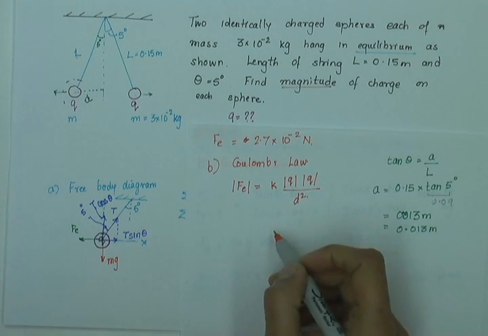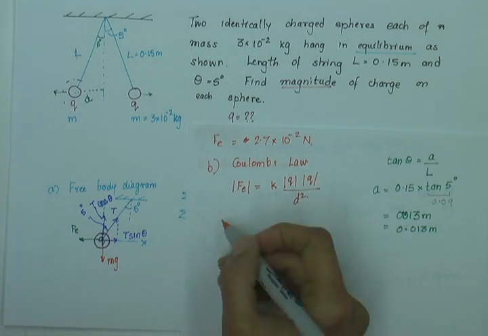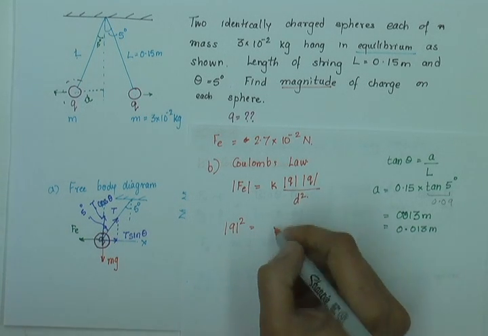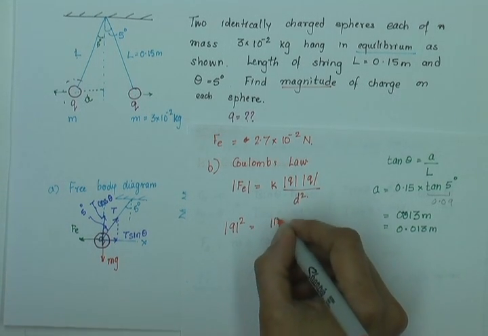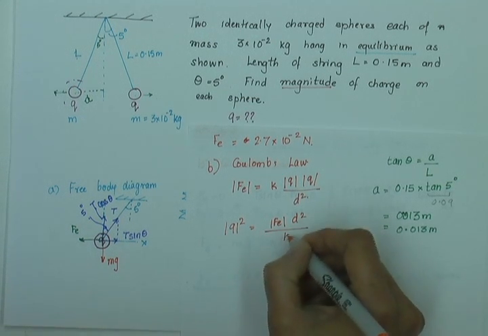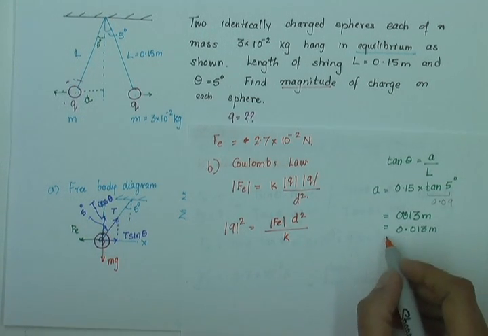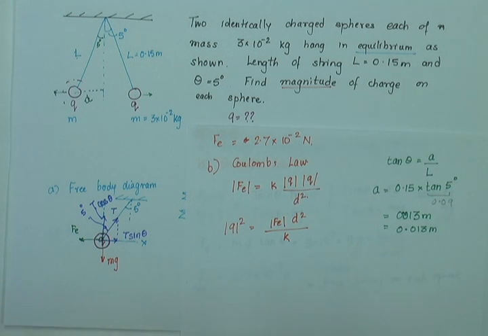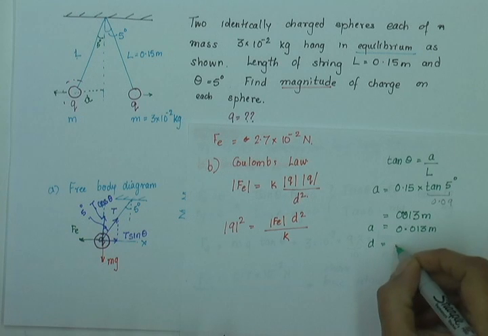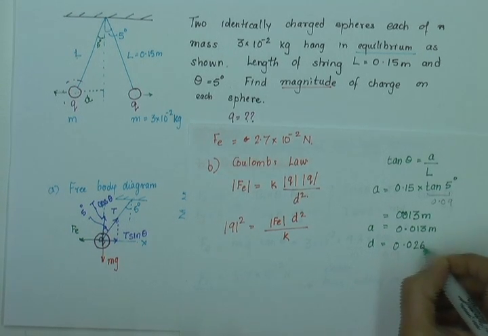So let me substitute that in this equation, and let me write this equation for q squared first. So I have my q squared is equal to magnitude of Fe into d square over k, where d is twice this A, and so my d is going to be 0.026 meters.